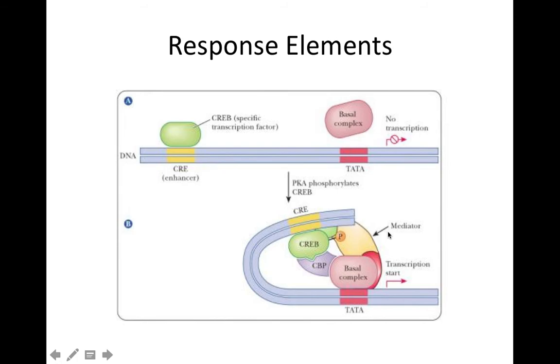Next are response elements. So response elements are specific for certain conditions. Like, let's say if you have a very high temperature, you can have response elements that are specific to temperature.